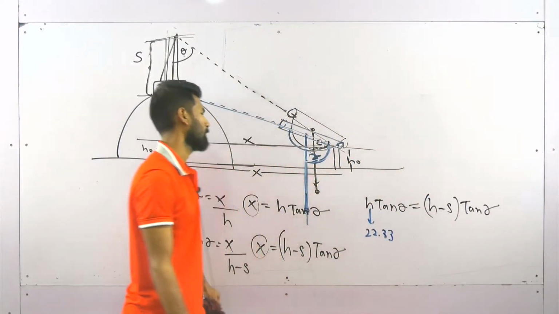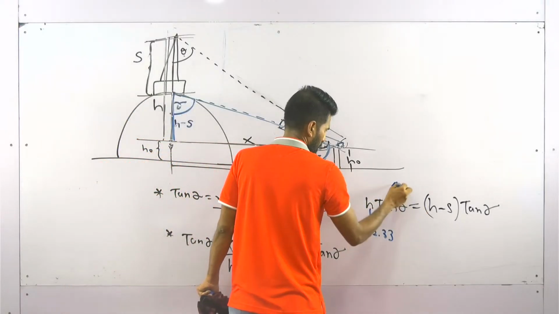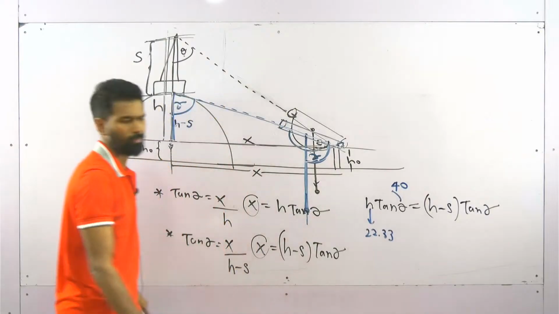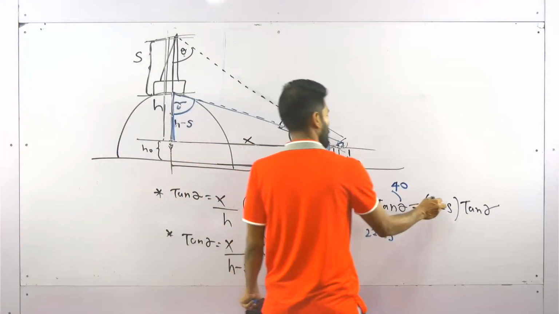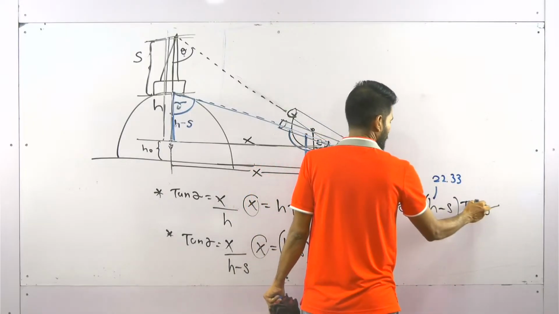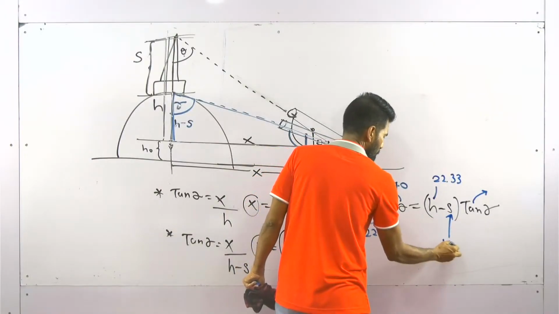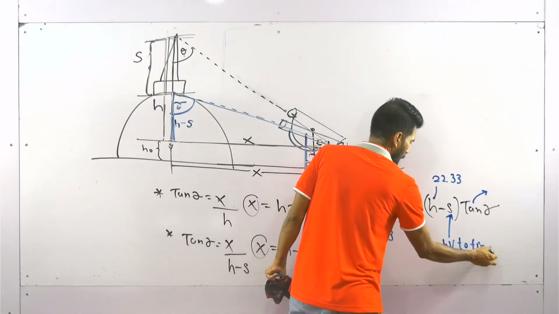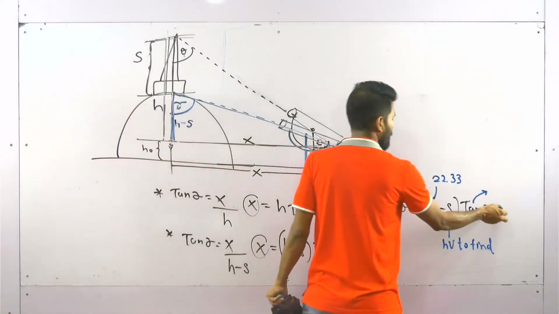You know h, 22.33. You know theta, I think it's 40 or something like that. Theta is equal to 40 and h is 22.33, and to find s, the only remaining thing that you have to find is gamma.